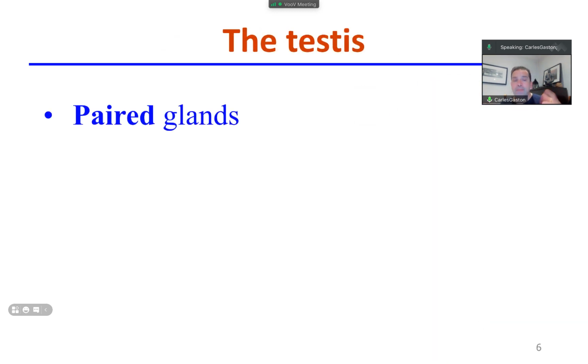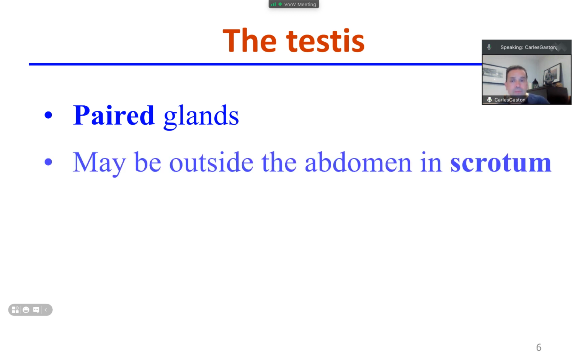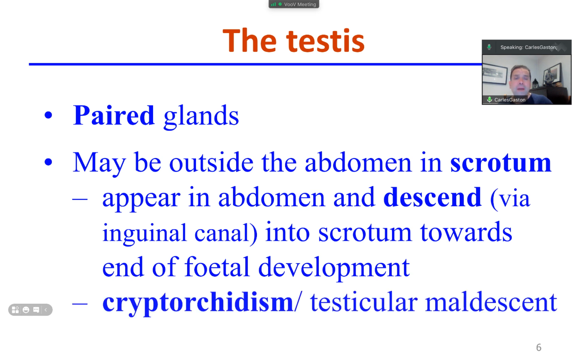So what about the anatomy of the testes? The testes are a pair of glands, and there are two, outside of the abdomen in the scrotum. They appear firstly in the abdomen early in life, and then they descend via the inguinal canal into the scrotum towards the end of fetal development.